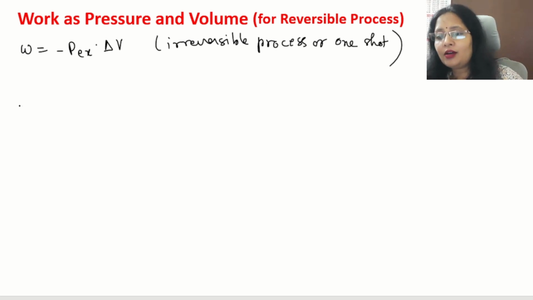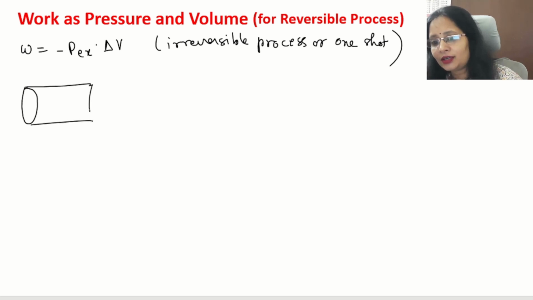Now in this, we did the experiment in the last video also, that we have a container in which a piston is there, and this container is filled with 1 mole of ideal gas.